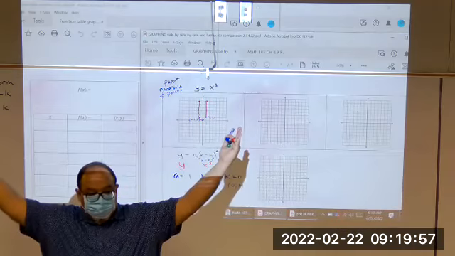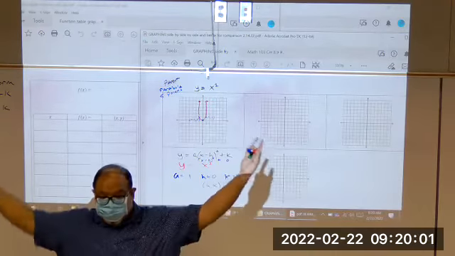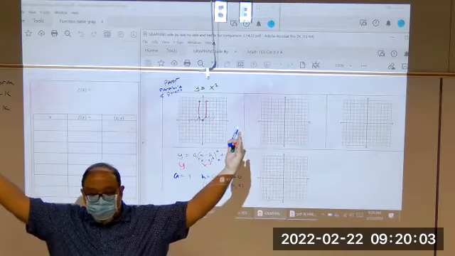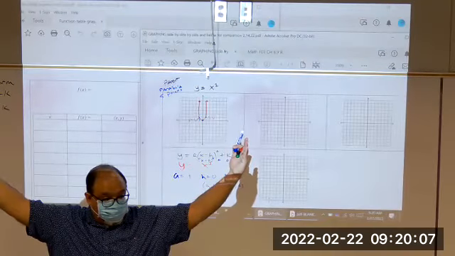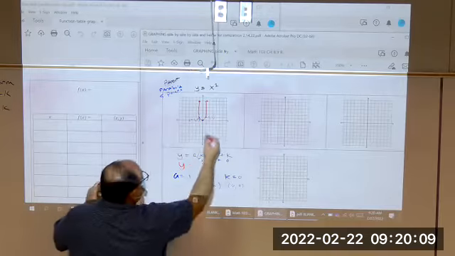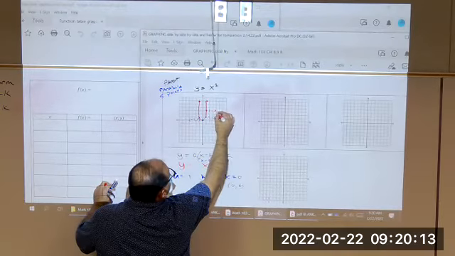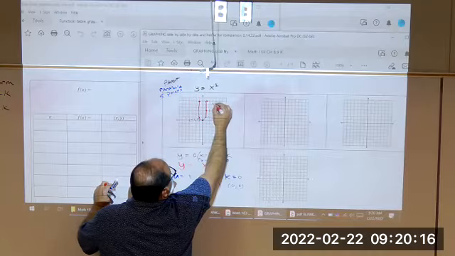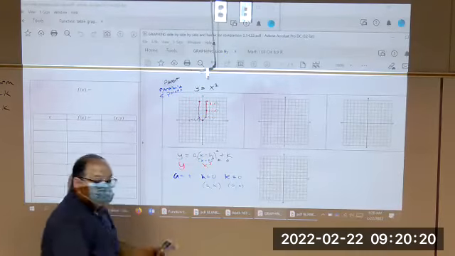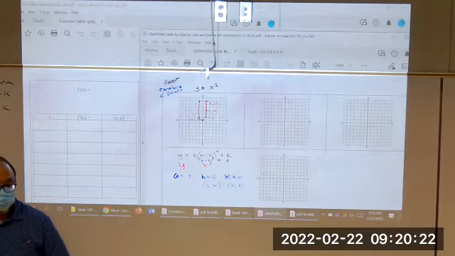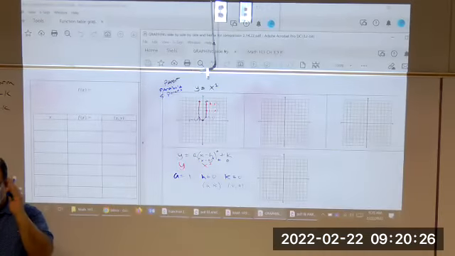Parabolas go out forever. You're going to get all the x's from negative infinity to positive infinity, and the y's are going to go out forever. If you go straight up, all of these x's are 1, that's a 1, 3 and a 1, 5. If you have all of them as 1, you don't have a function anymore. So don't draw it straight up.